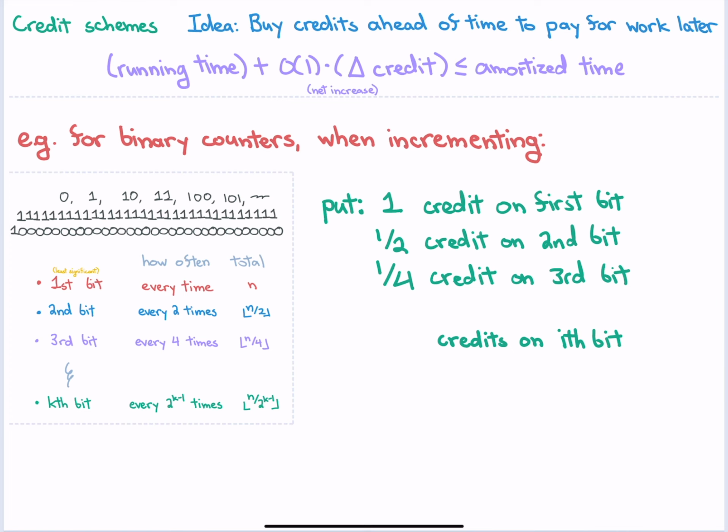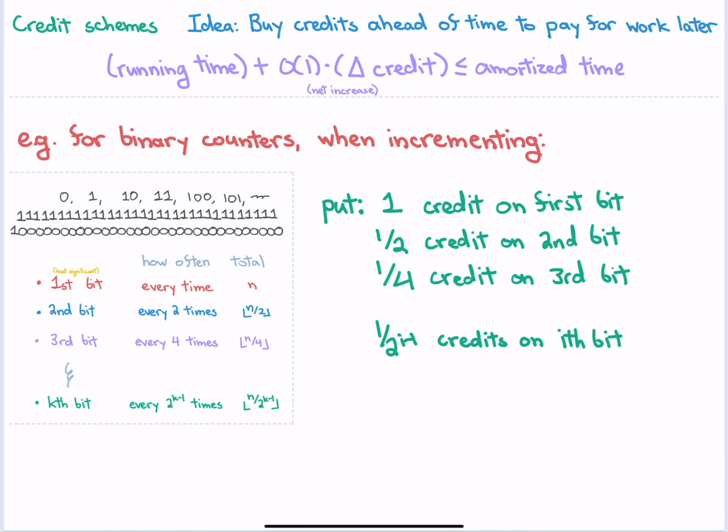In general, the ith bit should get how many credits? Something like 1/2 to the i minus 1. Then every time the 1 millionth bit flips, it has $1 ready to pay for the bit flip.